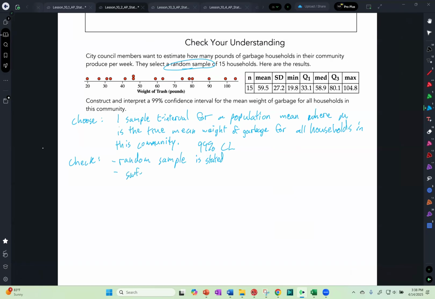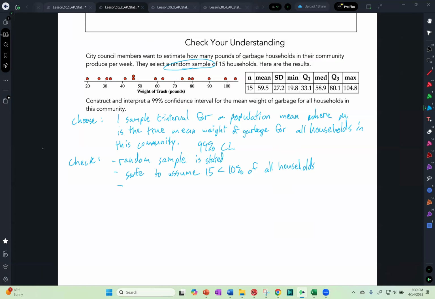Safe to assume that sample size of 15 is less than 10% of all households. It'll be more clear on an AP exam if it's satisfying the 10% condition. And then we don't know the shape of the population distribution.